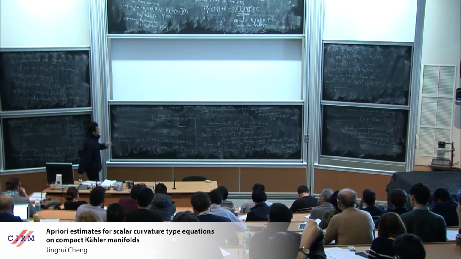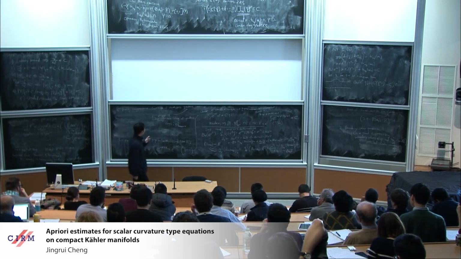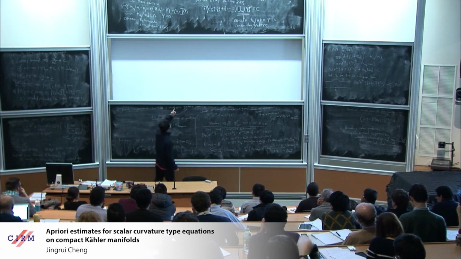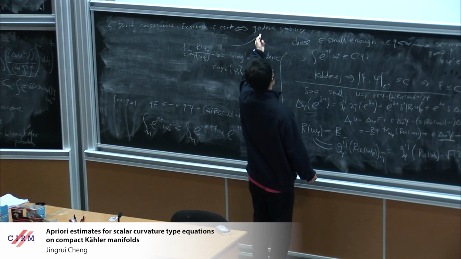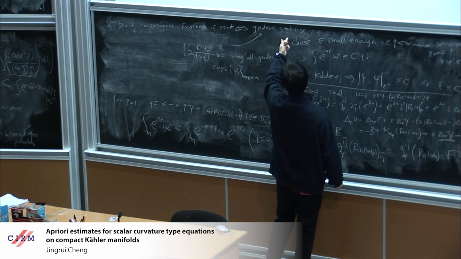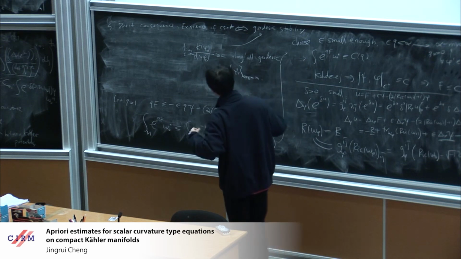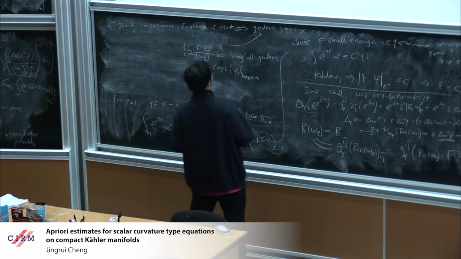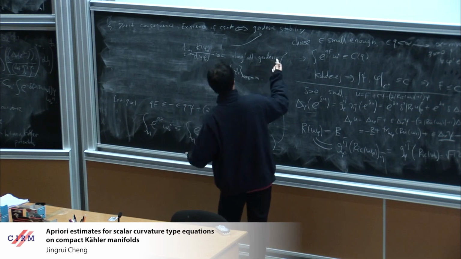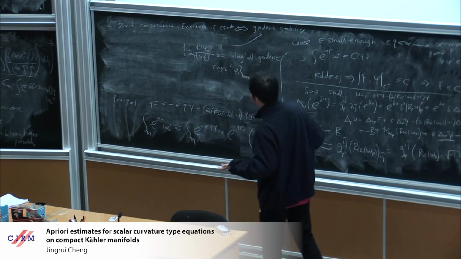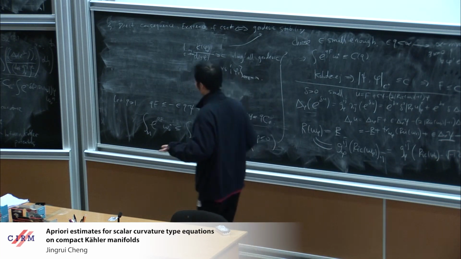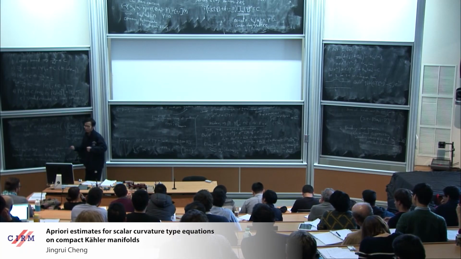For our purpose, it's important that we are only able to get the stability in the weakest possible sense. Here the geodesic rays are just L1, so the potential is only L1. It's a kind of weak geodesic ray. It's not smooth.